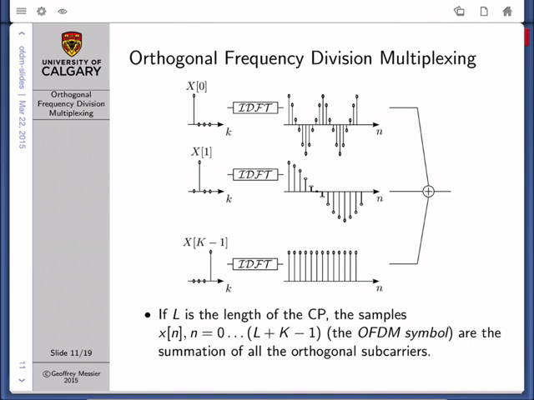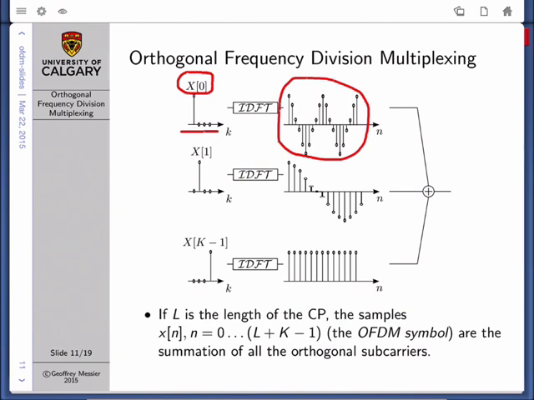The first orthogonal subcarrier, when we look at it in the frequency domain, has a delta function frequency response, and x0 would be the magnitude and phase of the QAM modulation being imposed on this discrete time sinusoid. And when we take the inverse discrete Fourier transform, we get, obviously, a sinusoid with some frequency of oscillation.